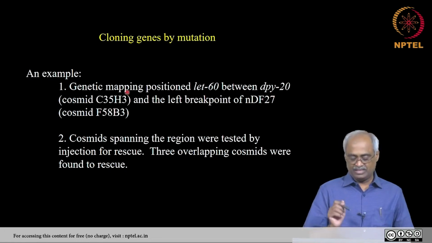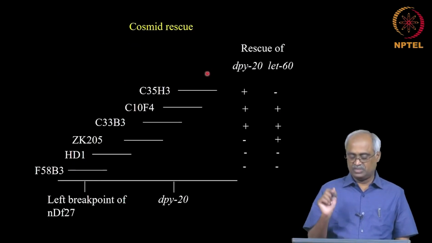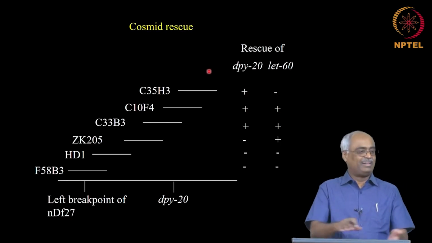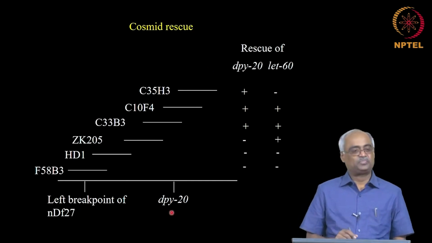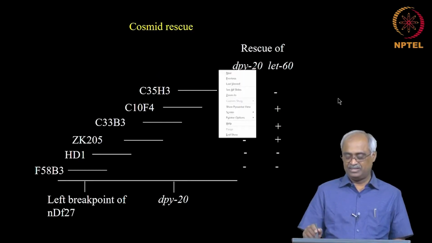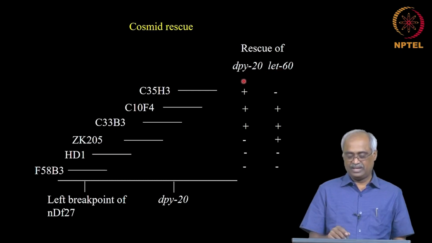Now you take all the cosmids between the two, and these are those cosmids. This is a hypothetical, so we are not listing all the cosmids that may be in between the two. Then you do injections. Now you inject this one and you find it rescues dumpy20 but not let60. So somewhere in it dumpy20 is covered but not let60.